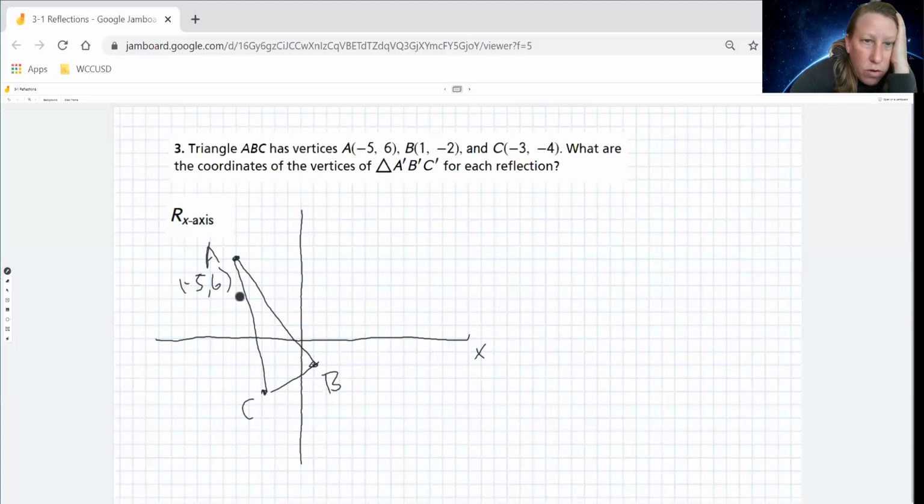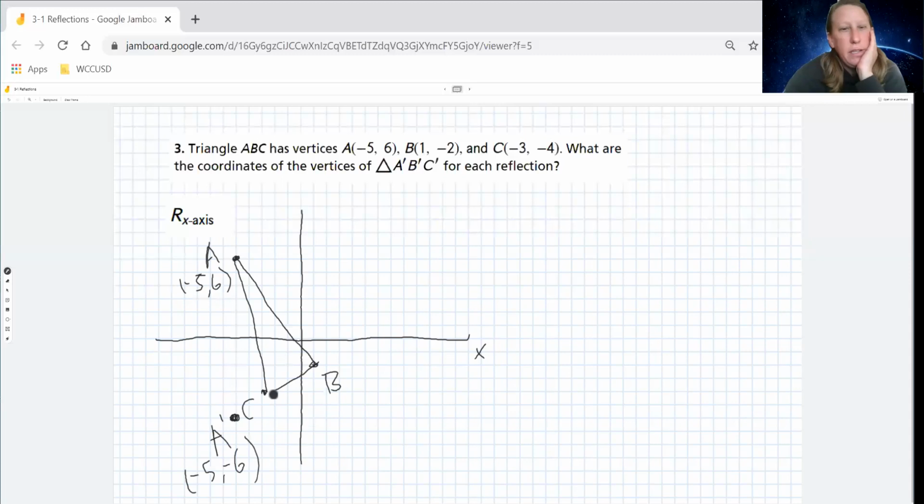So it's going all the way to the x-axis, and then it's flipping over to the other side. So it's over at -5, +6, and now it's going to be at -5, -6. So the new A prime is way over there. This is -5, -6.